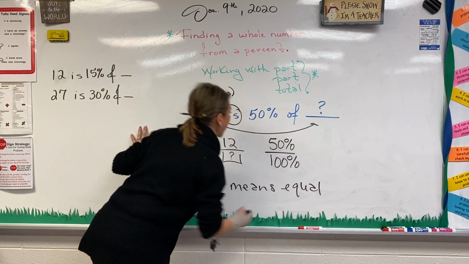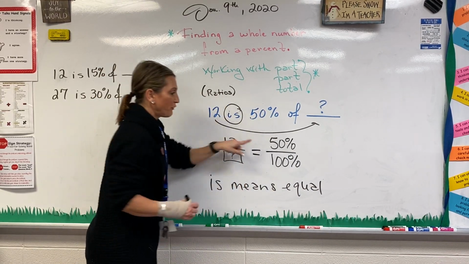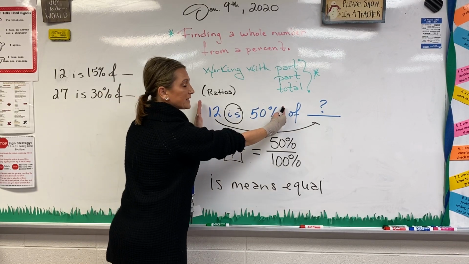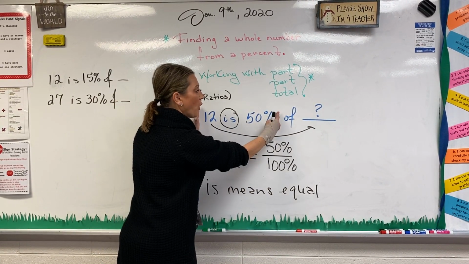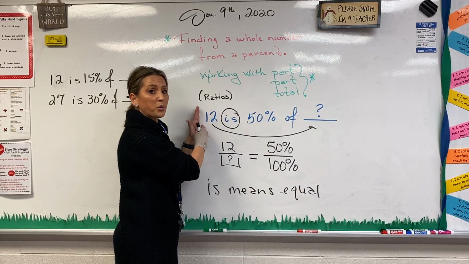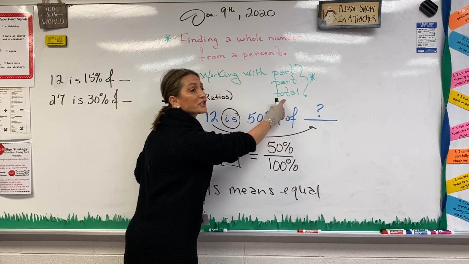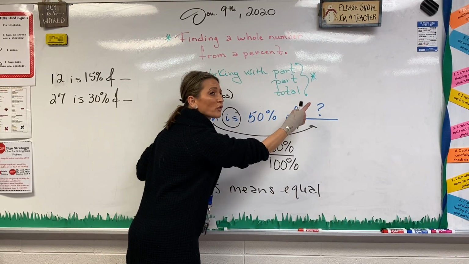So what this is telling me is that 12 is equal to 50%. 50% is 12. But I don't know what it's 50% of. I don't know where I got that 12 from. I don't know the total. I know a part, but I don't know the total.